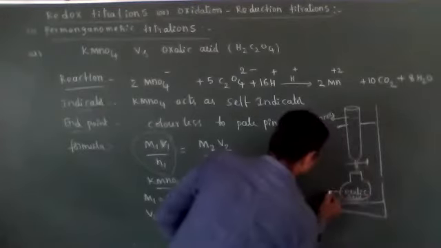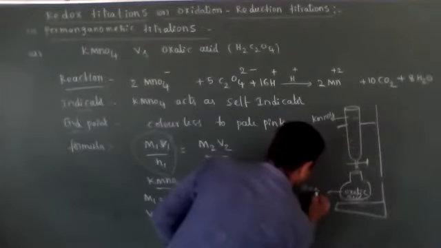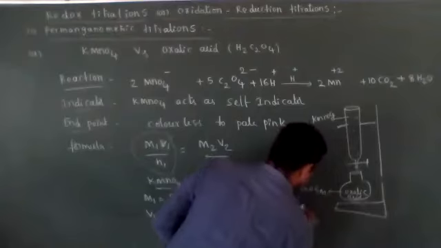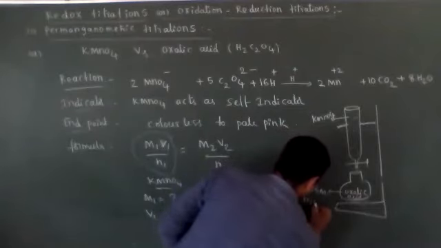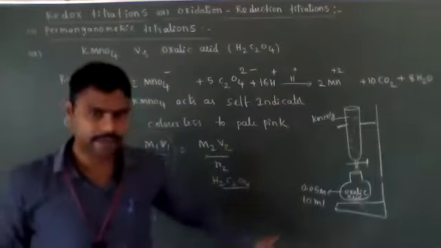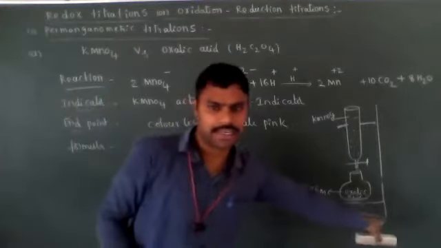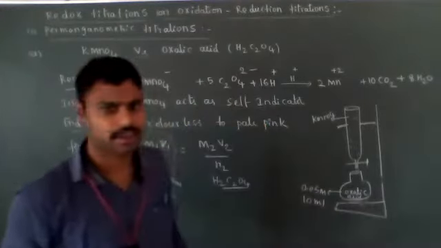For example, in the question oxalic acid solution 0.05 molar is given and its volume is 10 ml. 10 ml of 0.05 molar oxalic acid we are taking in a conical flask.